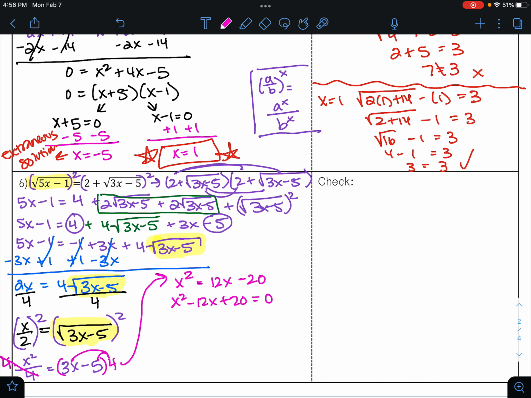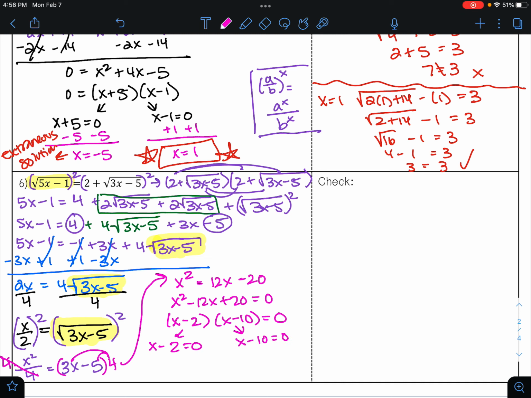Well, I can factor this, right? It will factor into x minus 2 and x minus 10, because negative 2 times negative 10 is positive 20, and negative 2 plus negative 10 is negative 12. Well, from this part, I can use the principle of zero products and say x minus 2 equals 0 or x minus 10 equals 0.